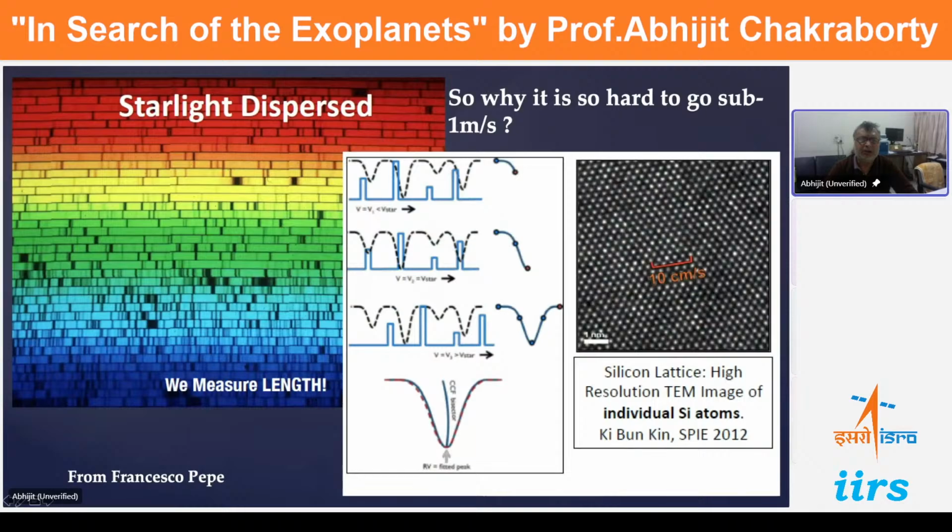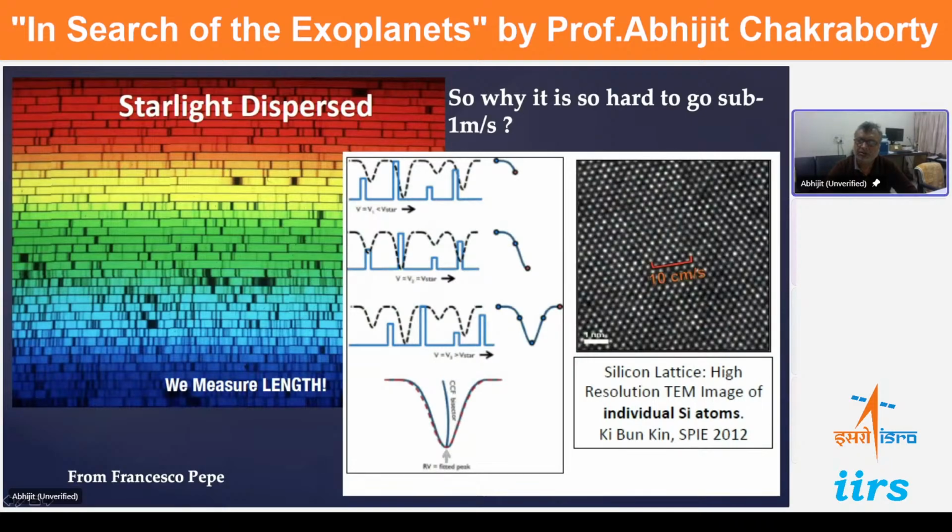Suppose you take this feature which is moving this way or this way; you are trying to see how much it moves on the detector surface, which is a silicon crystal. The detector CCD is basically a silicon wafer.